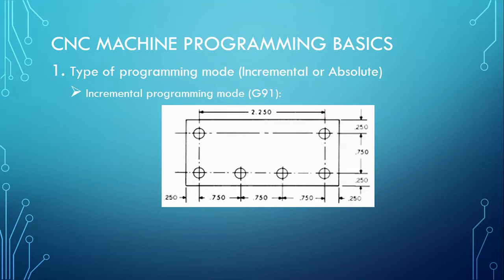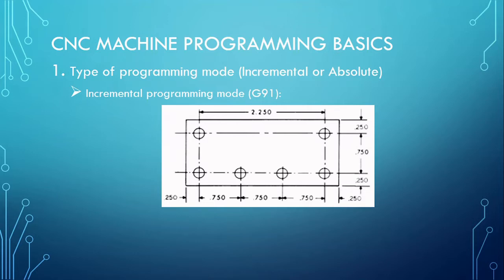You can decide to program in incremental or program in absolute. However, if a program has been started as incremental, there is no means of changing to absolute within the same program, and the opposite is equally true. Once you start with absolute programming mode, you cannot in between the same program switch to incremental.